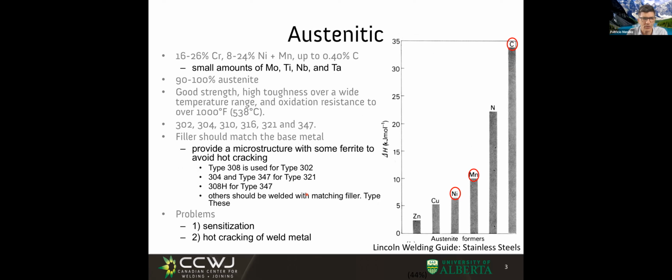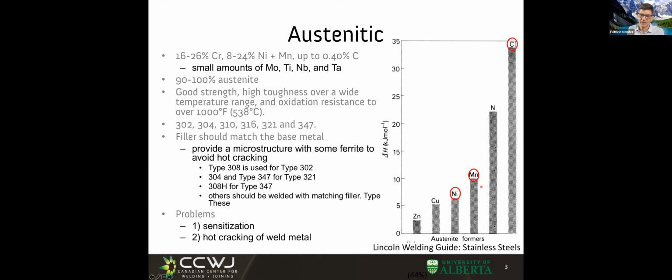How about austenitics? Austenitics are the ones we know all too well, right? Like cutlery, it's made of these austenitic stainless steels, typically like 18% chromium, 8% nickel, and all these variations. Those are the 300-something series, right? 304, 302, 310, 316. And what do they have? Well, guess what? They have stabilizers of the austenite.